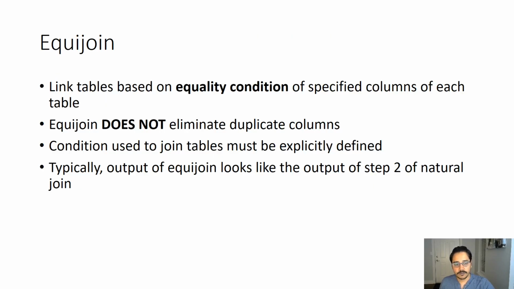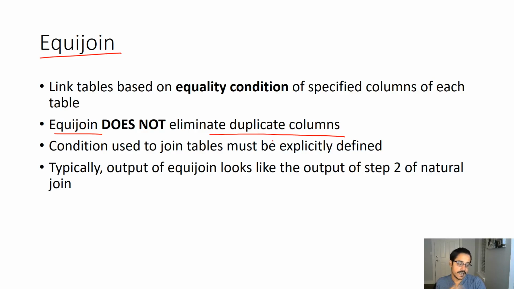So now, Equijoin differs from natural join in that even though both operate with respect to equality, Equijoin does not apply the final project operation in order to remove the duplicate rows. That is typically the difference. And thereafter, the equality condition also needs to be explicitly specified.